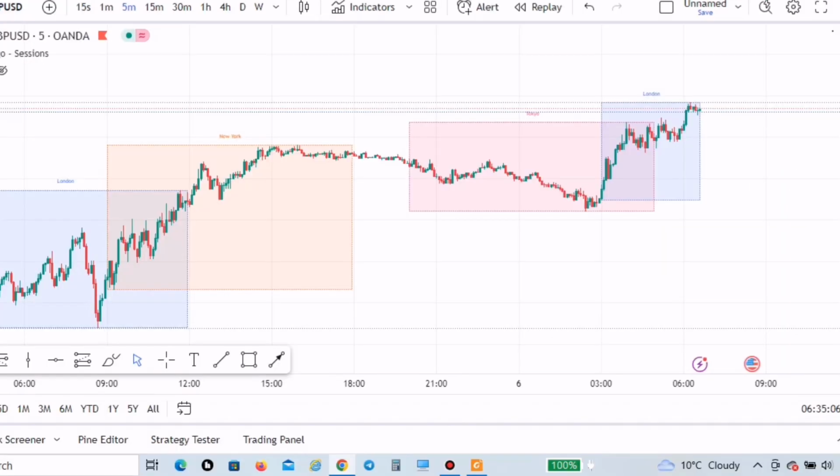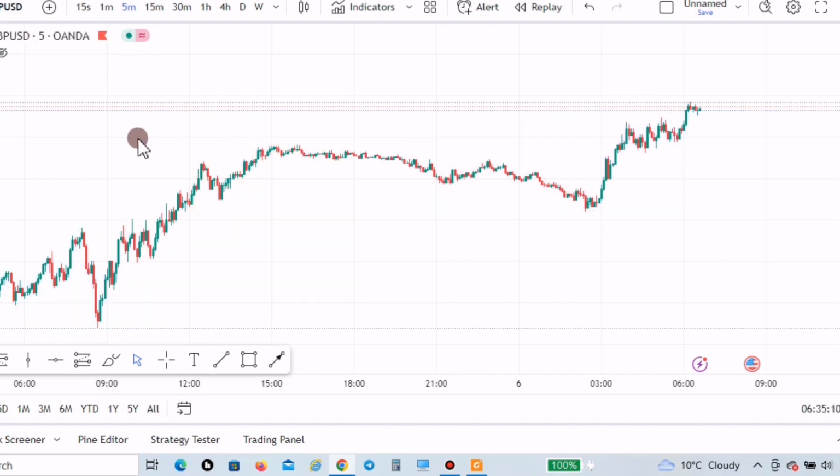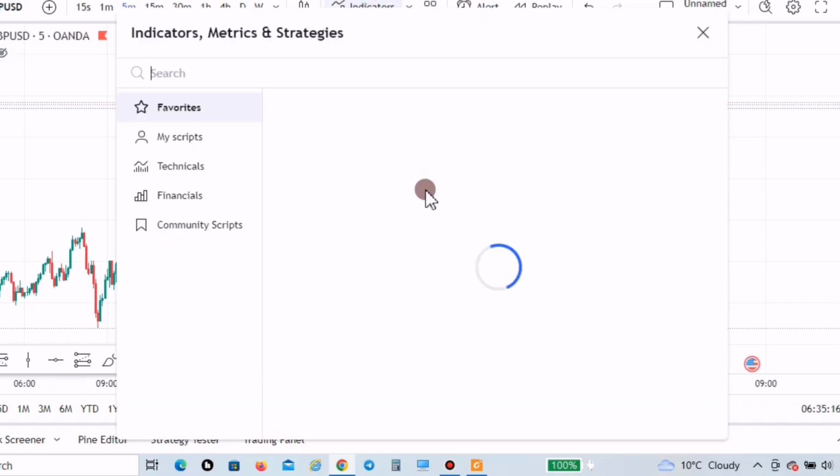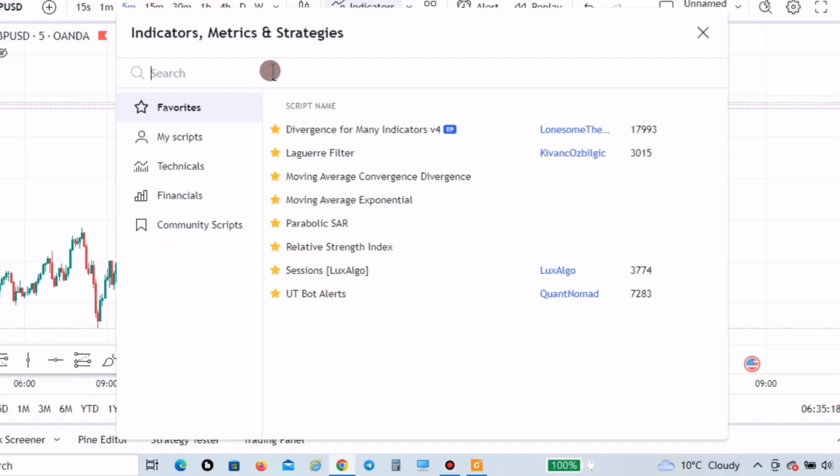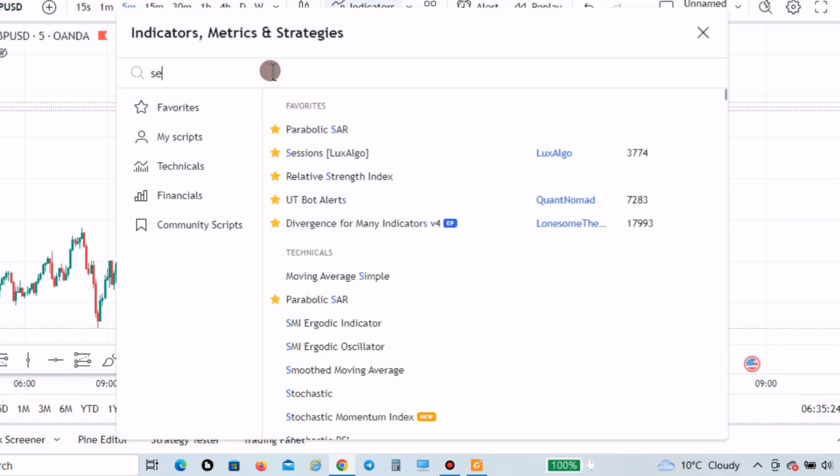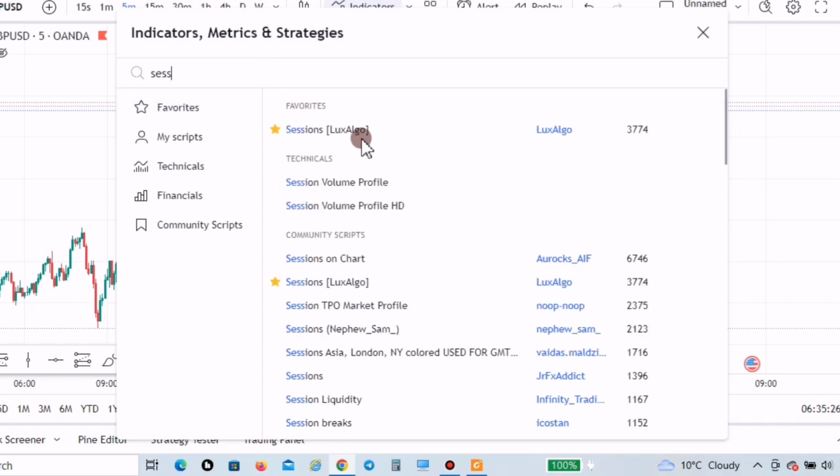Okay, so let's come back here. Maybe we can start by setting up the indicator for those who are new. Okay, you go to indicators right there. On TradingView, you open a free account, no need to pay anything, and then you type sessions, select this one, sessions.